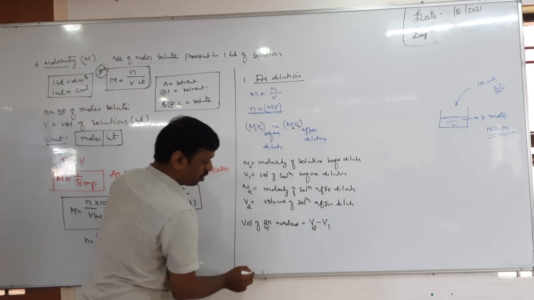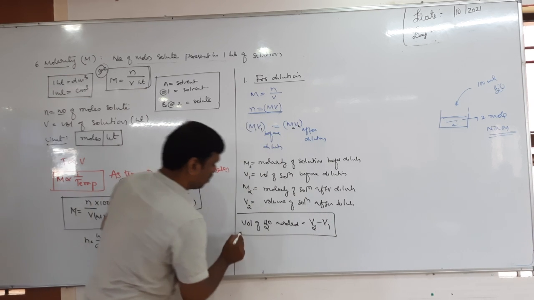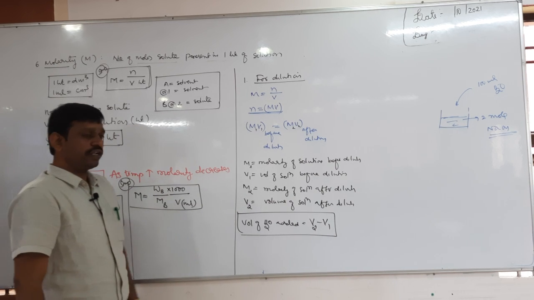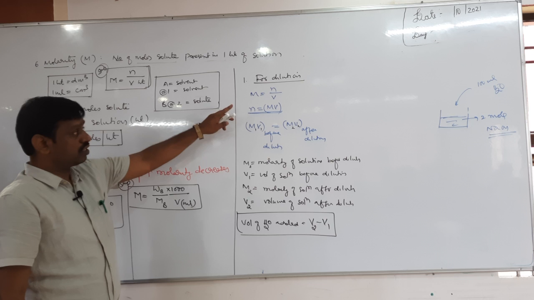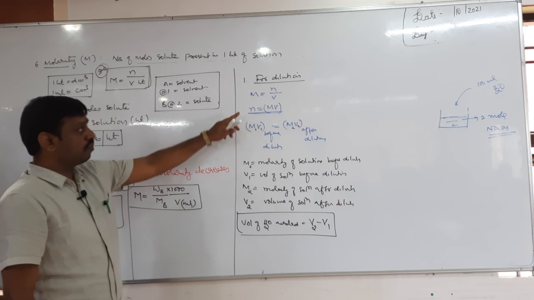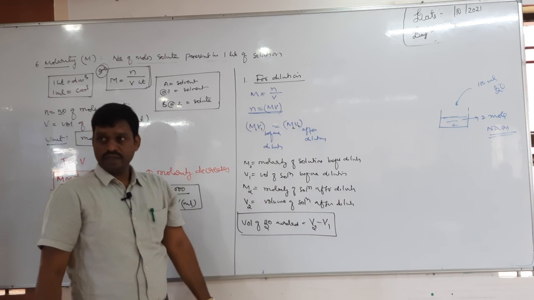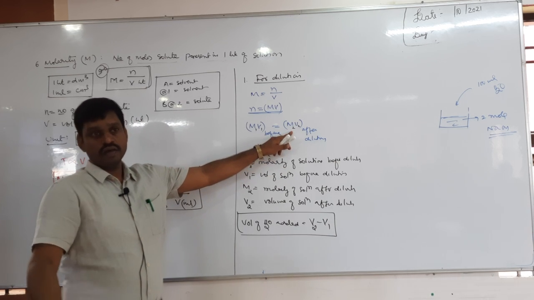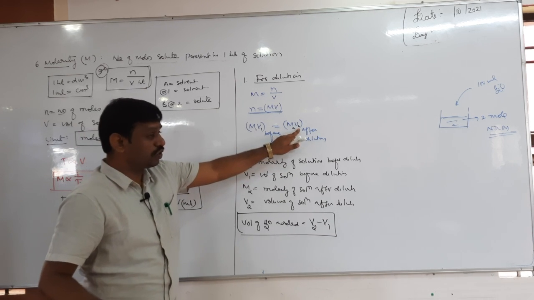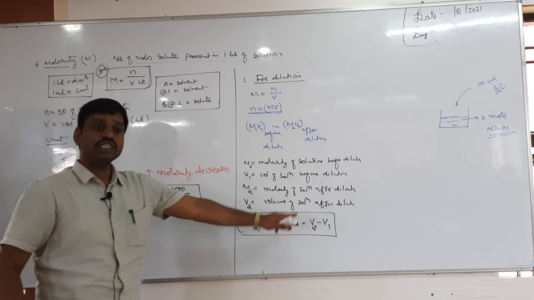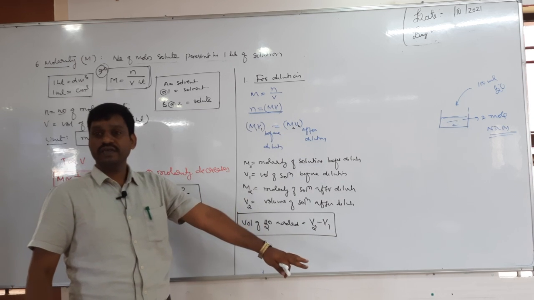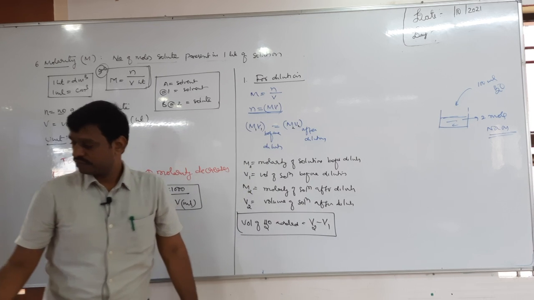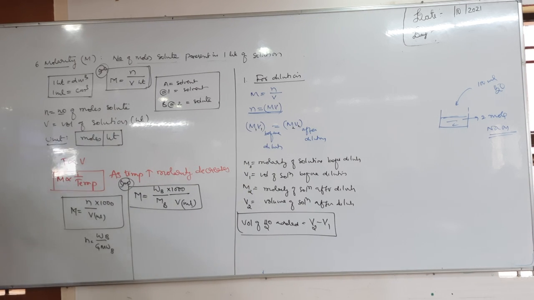So V2 minus V1 gives nothing but the volume of water added. So this is very, very important in dilution. M1 V1 equals M2 V2. Sometimes they ask directly what is the molarity after dilution. Sometimes they ask V2. Sometimes they ask what volume of water should be added to make so and so volume, so and so concentration. Okay. Next, after dilution.